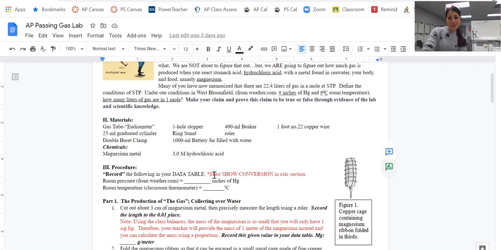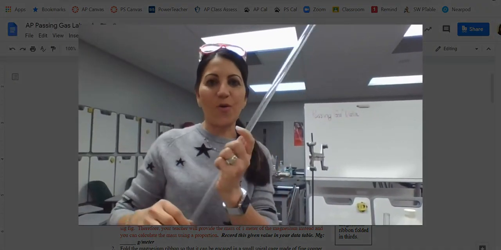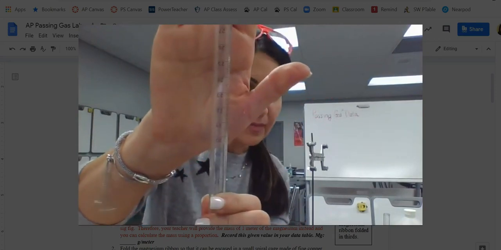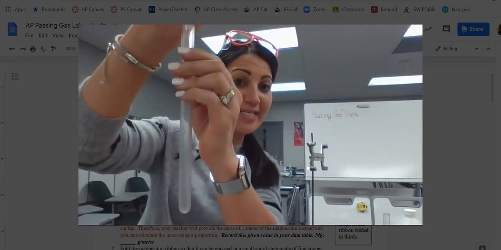So before I go to a big screen here, I just want to take you through a little bit of what we have going on here. So I have what is called a eudiometer or a gas tube, and this is kind of cool because when it looks like this, I don't know if you can see this, but the numbers are actually upside down.